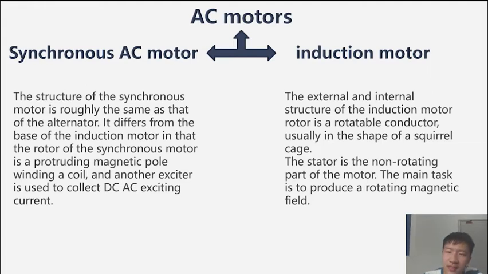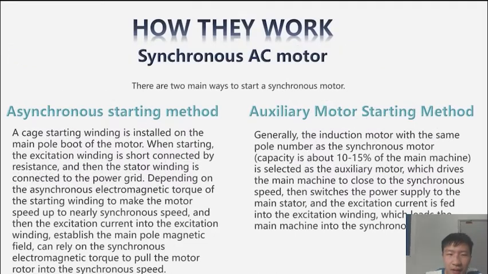And one question is how they work. First, the synchronous AC motor has two main ways to start. A synchronous starting method: a cage starting winding is installed on the main pole shoe of the motor.